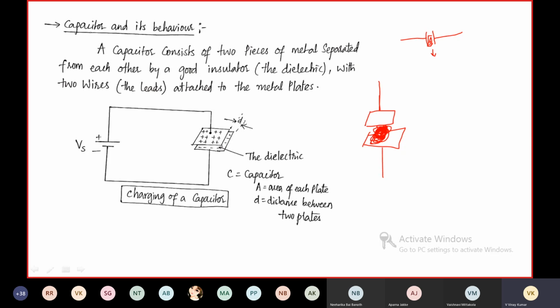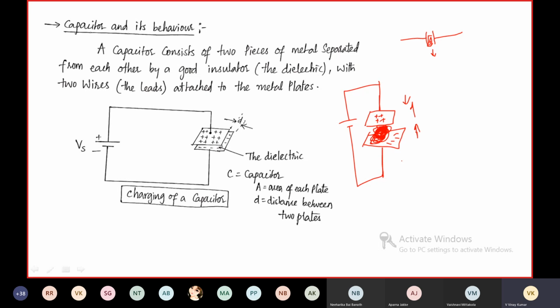That is nothing but a capacitor. When voltage is applied across this capacitor, this plate will get positive charge, whereas this plate will get negatively charged.